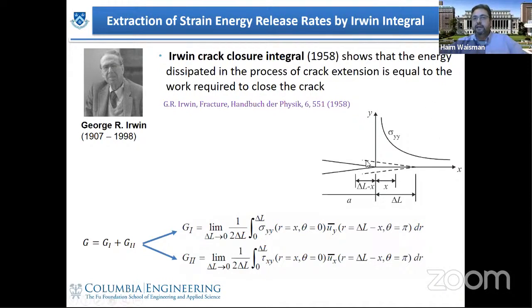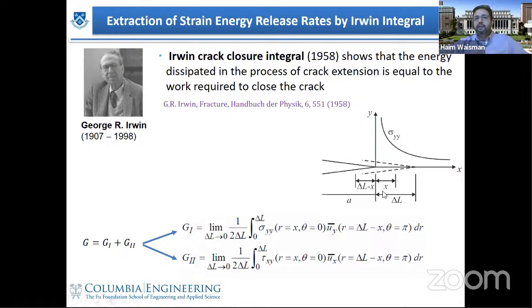And so what Irwin said is that in order to compute that, it's the same as propagating the crack by a certain amount and then applying work to close the crack back to its original position. So the work that is needed to close back the crack is essentially the energy that's being released from the crack, right?